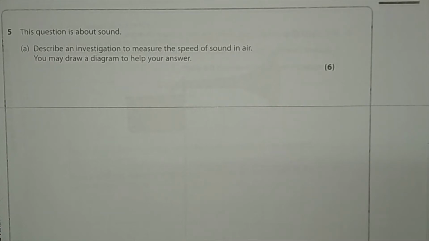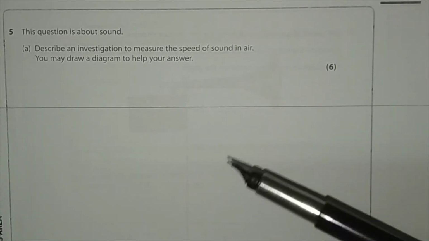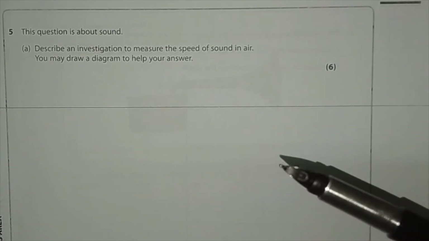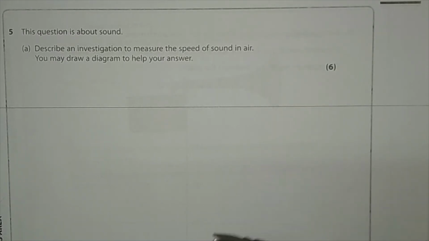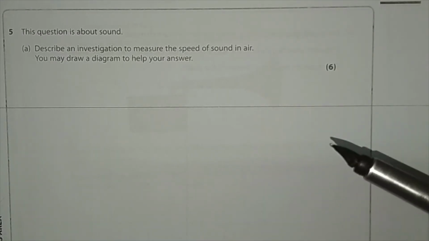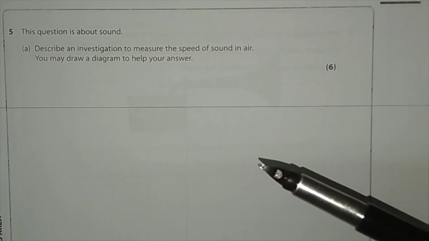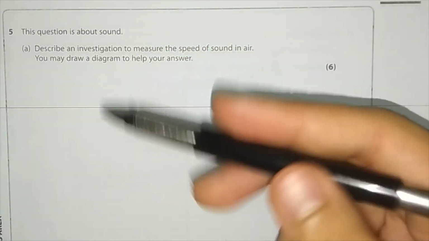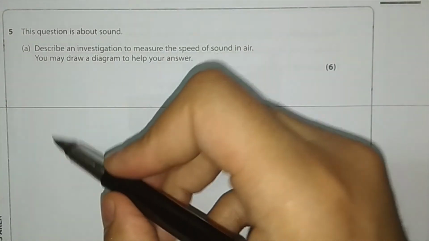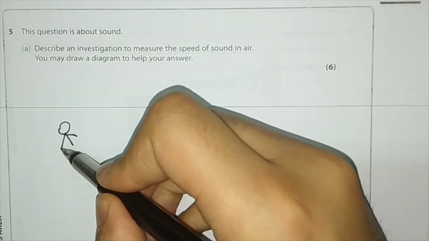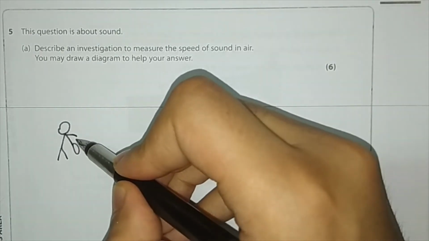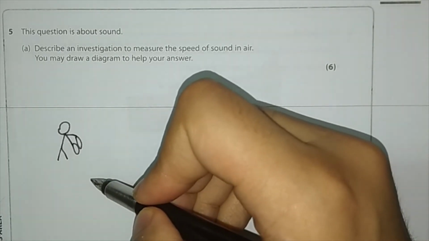In our previous paper which we completed, we talked about this, that whenever you're finding out about speed, you will always be using distance and time. So we will be calculating that. But first let's talk about what the experiment will be. So I will be drawing it here. One student over here, let's say, is holding 2 symbols.